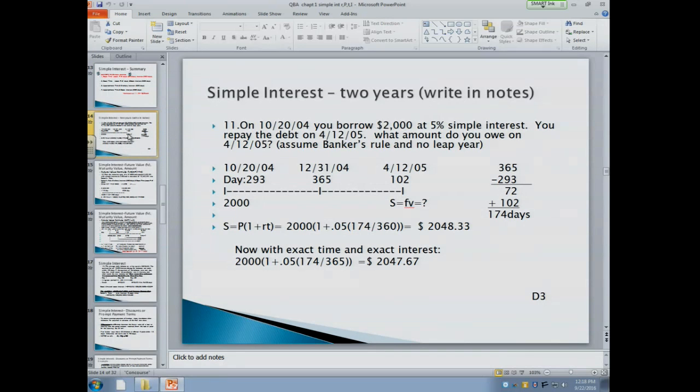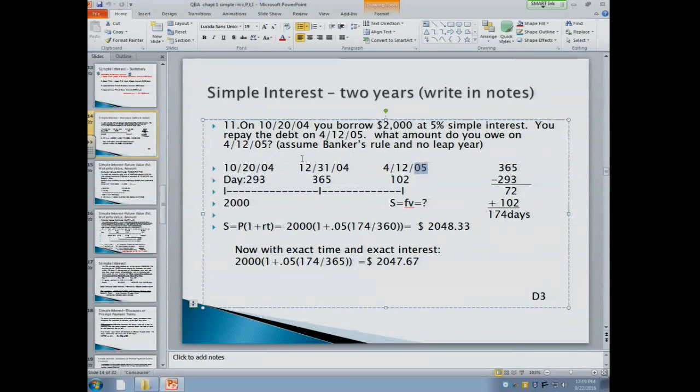The first thing you're going to do is write the givens. The second thing you will do is write this timeline here. This is very important, especially when I have two dates here. If you notice, immediately we go from 2004 to 2005.